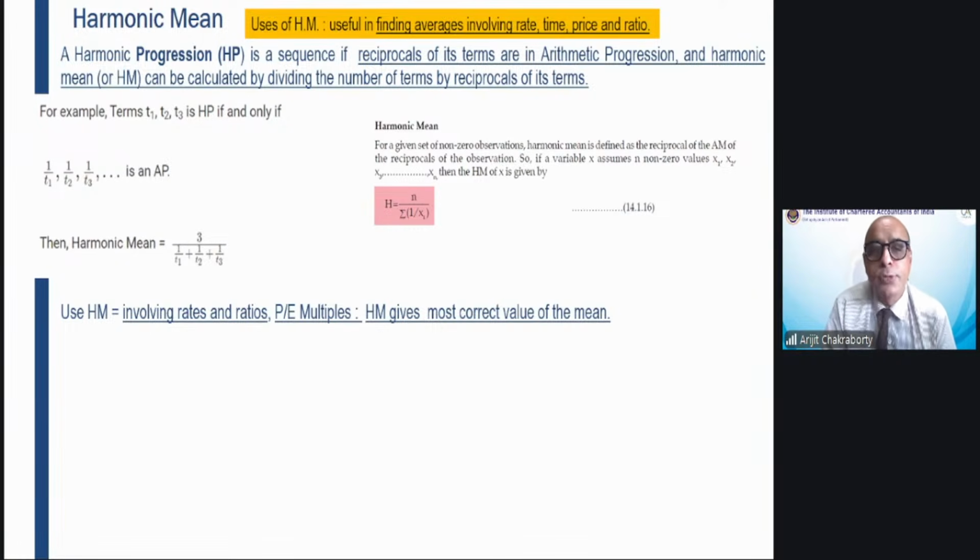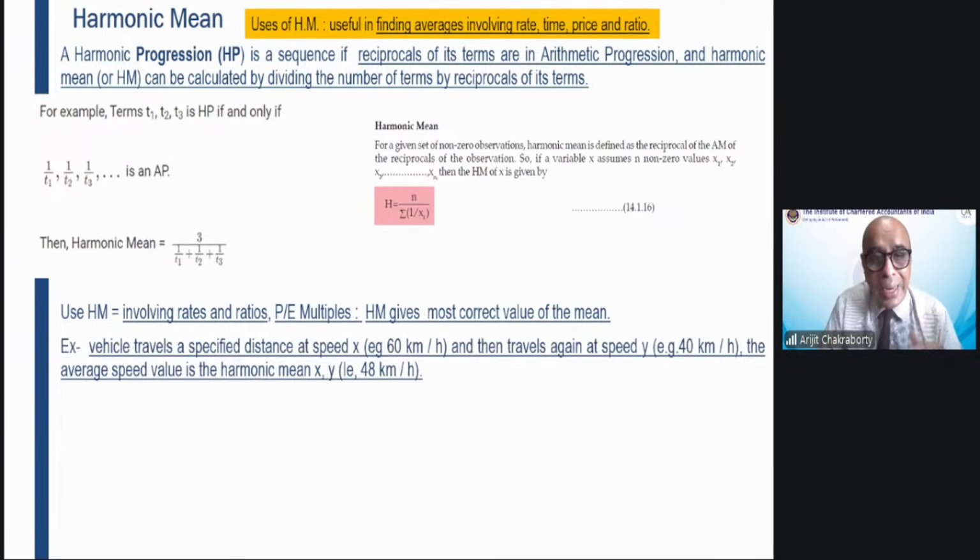Another ratio is price earnings. Price earnings means the market price of a share divided by the earnings per share. That is called price earnings ratio, or sometimes price earnings multiple. So if there is any numerical problem involving rates, ratios, specifically price earnings ratio, in this particular case, harmonic mean will give us the most correct value.